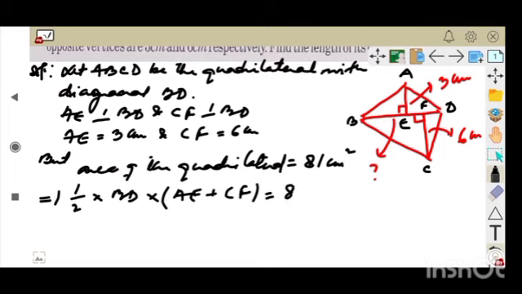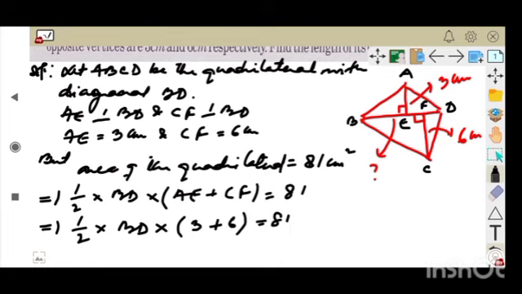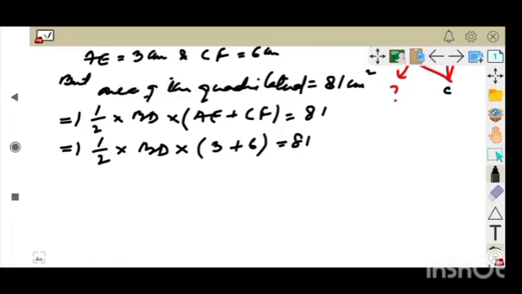We have 81. You can just remove this centimeter square. Implies 1 by 2 into BD, which we don't know, into AE, which is 3, plus CF, which is 6. Then 81 equals 1 by 2 into BD into 9.